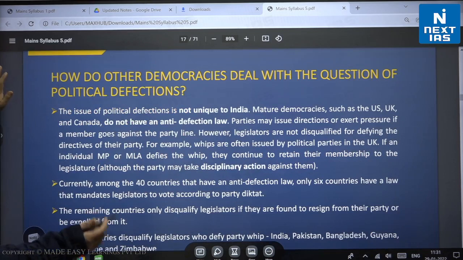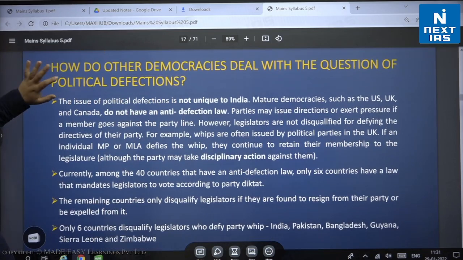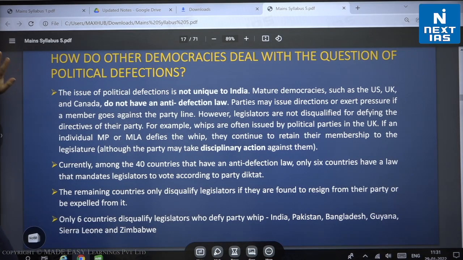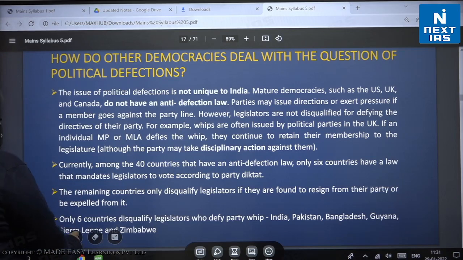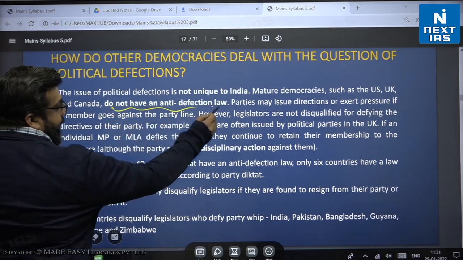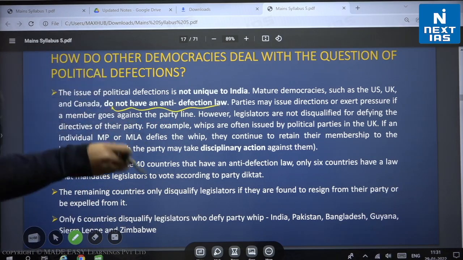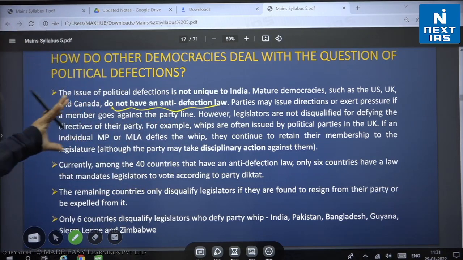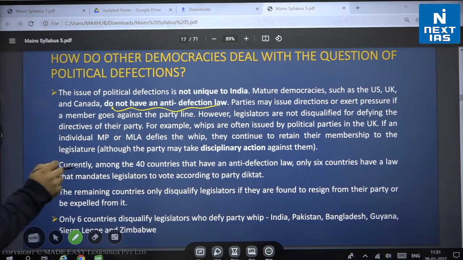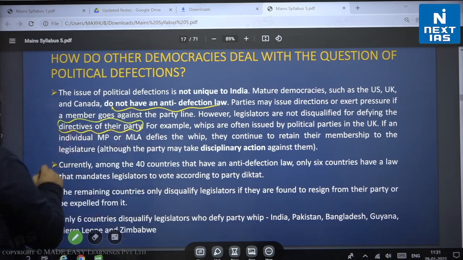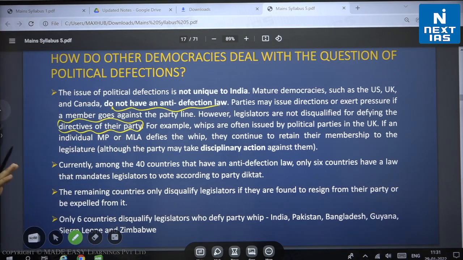Now, how do other democracies deal with it? This is very important. Mature democracies such as US, UK, Canada, none of them have an anti-defection law. ठीक है, बाकी कंट्रीज में नहीं है. Parties can issue a whip, can exert pressure, ये सब ठीक है. But if an MP or an MLA is disobeying the party, then you are not removing the MP or an MLA. ठीक है.